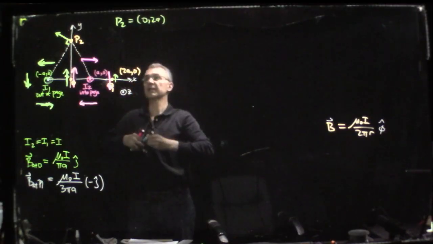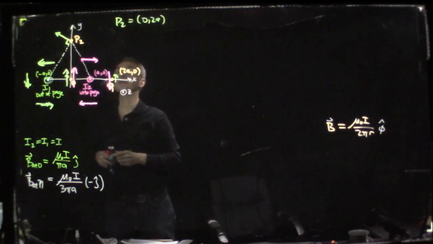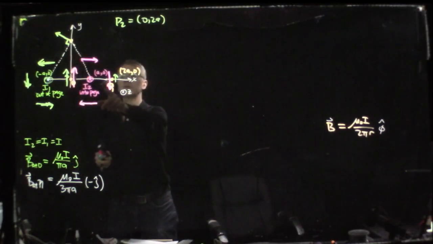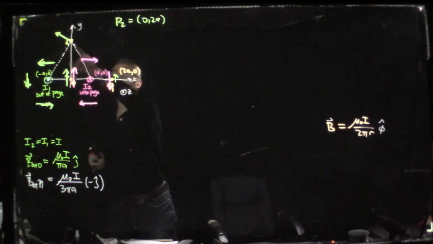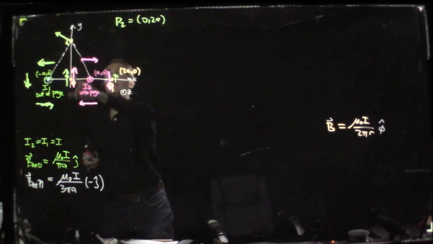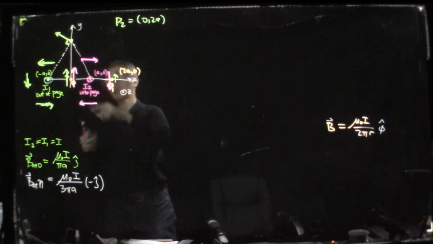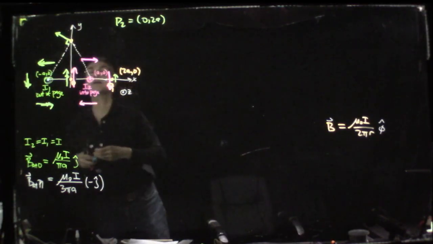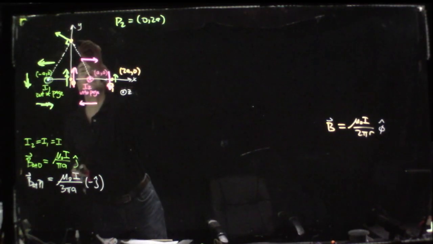And then the contribution from current 2 over here at P2 is going to be clockwise and tangential. So that's going to be, again, perpendicular to this radial vector.